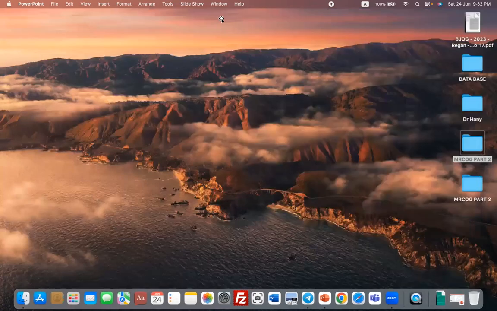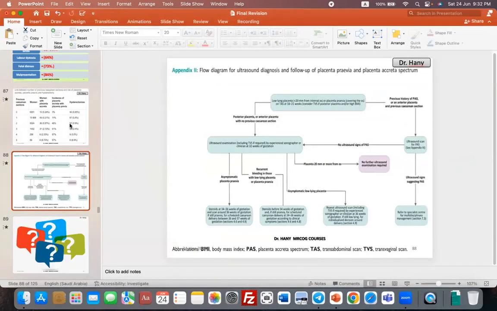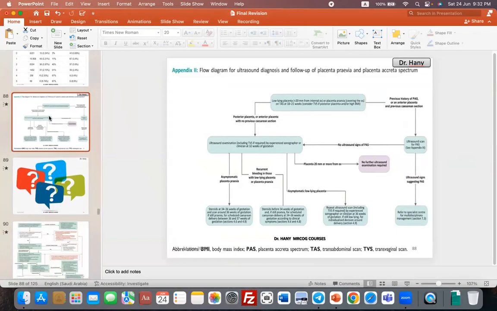Bring the placenta brief. Level 3. Excellent, sir. Level 3 ICU. Yes, I forgot it. So this is the good practice management of placenta previa and placenta accreta: consultant obstetrician, consultant anesthesia, blood bank, ICU, and intervention radiology. All this should be available before I touch a patient with placenta previa.